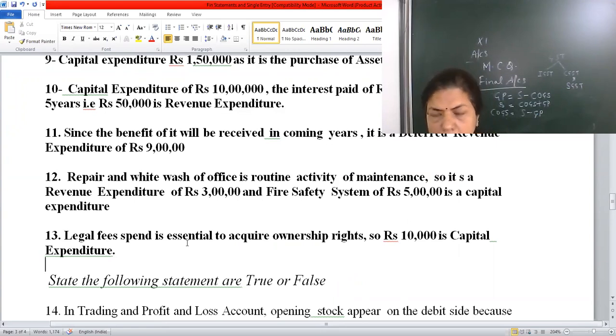Any vehicle, see if you bought a car and you put a music system in it, some extra additional accessories in it, that will be included in the value of the car, that is capital expenses. But if you are spending amount for petrol, repair, cleaning, washing, okay, driver's salary, all are revenue.